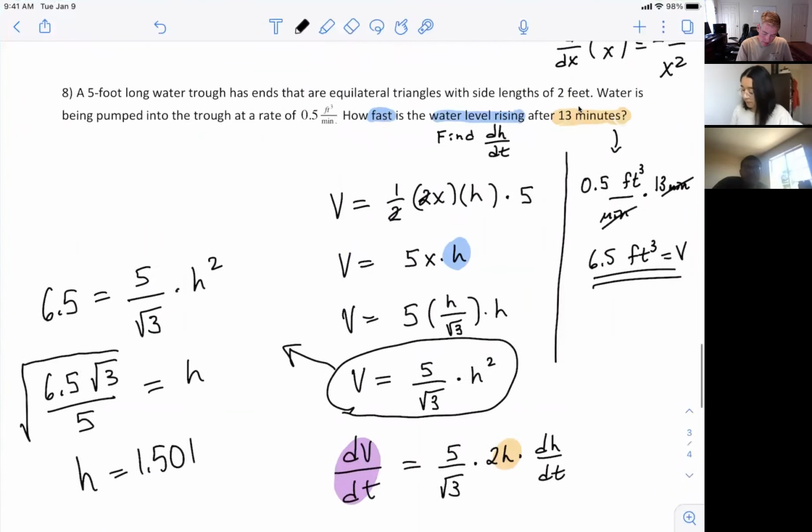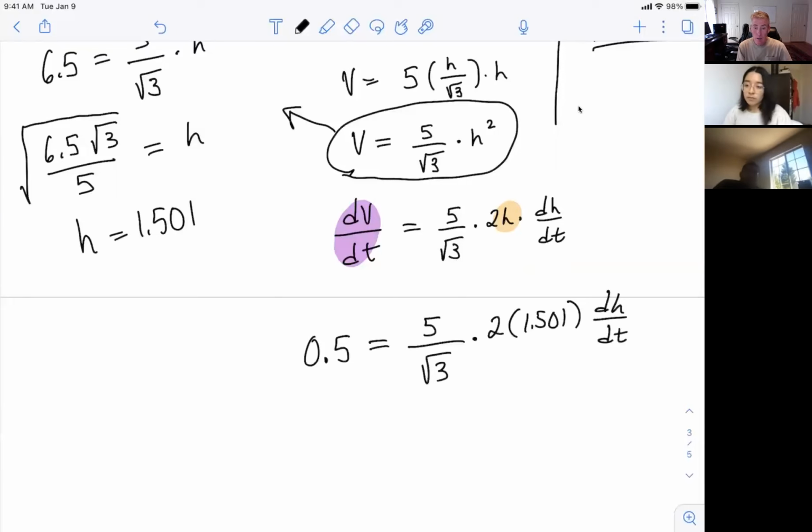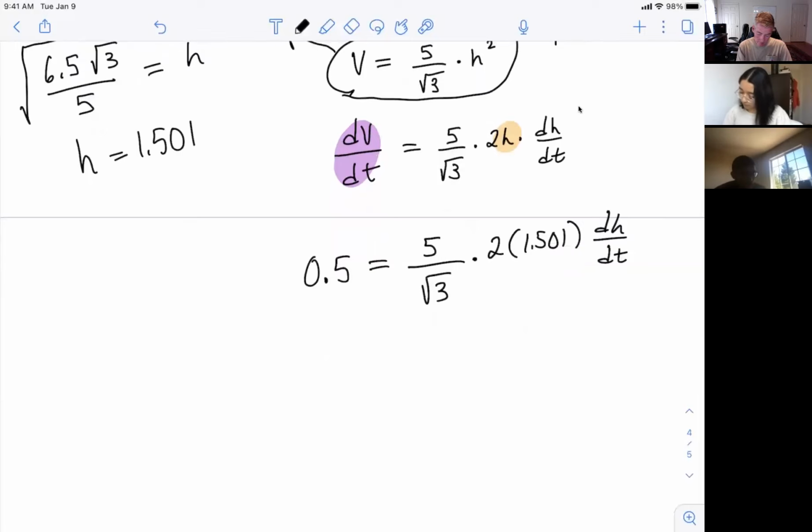So the dv dt, that is a 0.5. So on this side, it's a 0.5. And then there's 5 over radical 3 times 2h. So that's 2 times 1.501. And then dh dt. So to solve for dh dt, you could multiply both sides by square root of 3.